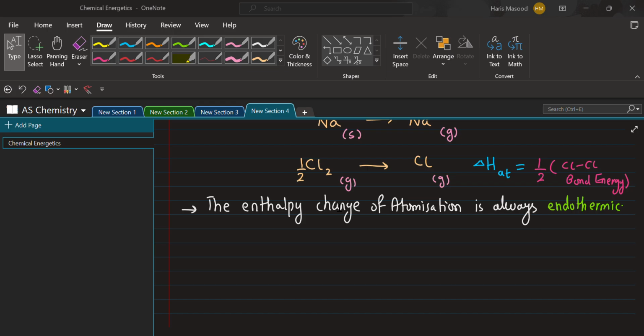So you should define the terms: you should know the formation reaction definition, the combustion, and the neutralization. Even atomization is now not included in yours, but I have taught you because some of the questions will be dealing with atomizations as well.